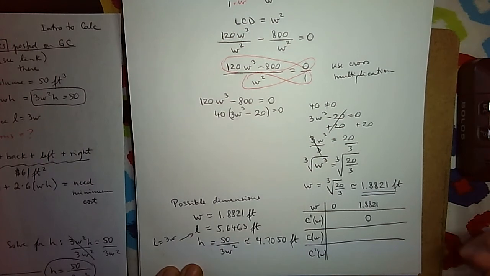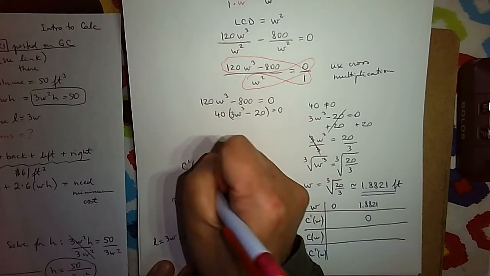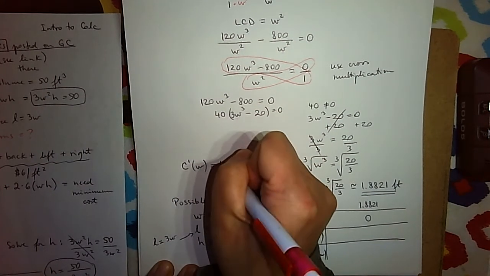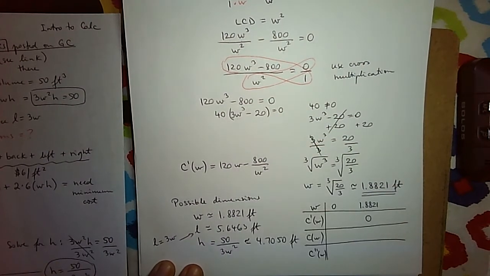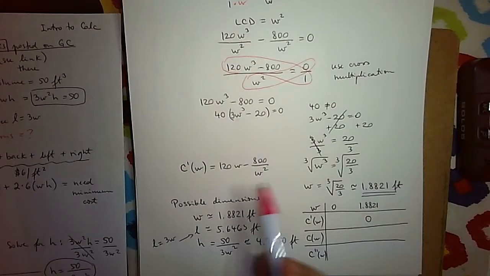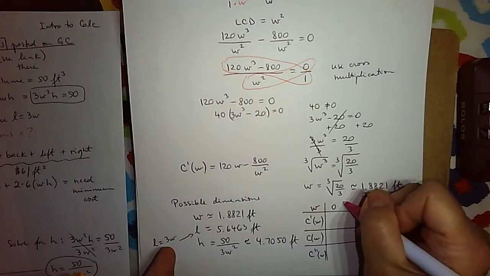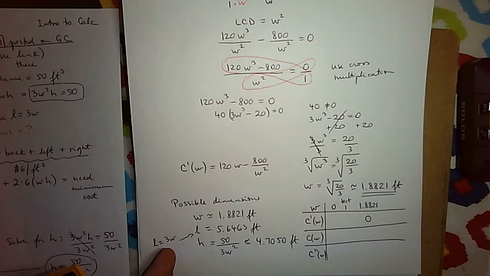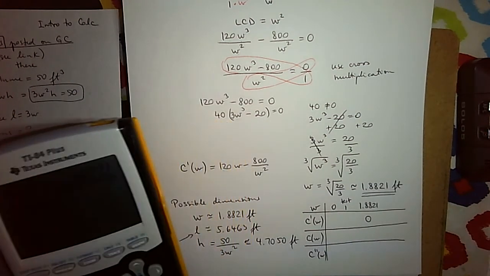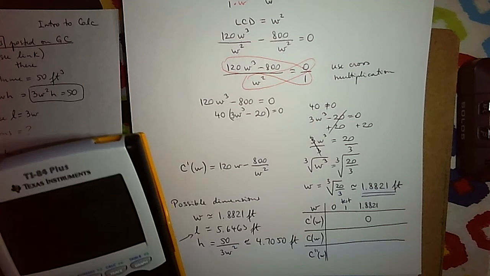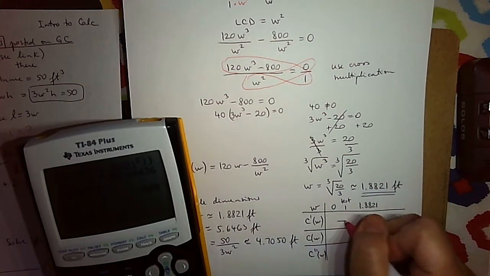Now, speaking of C prime, I will try to also recall it here so we can test it in our chart. This is what we had for the C prime. If I test a 1, I'm going to have 120 subtract 800. That's definitely a negative number.